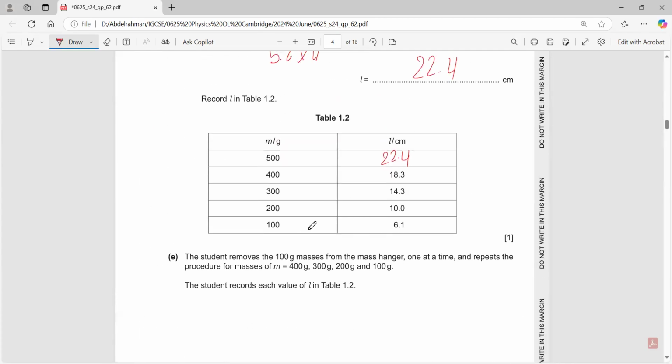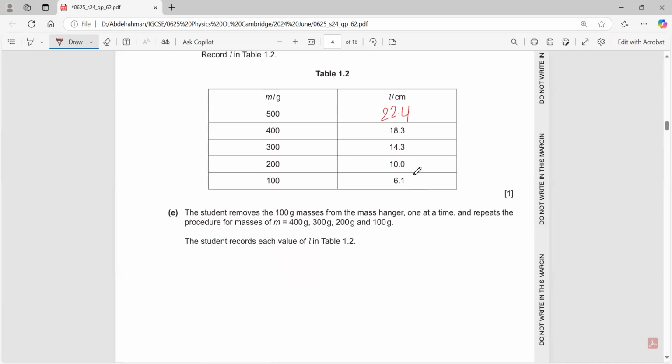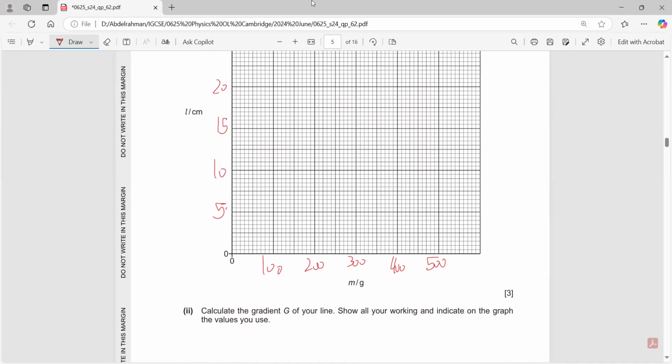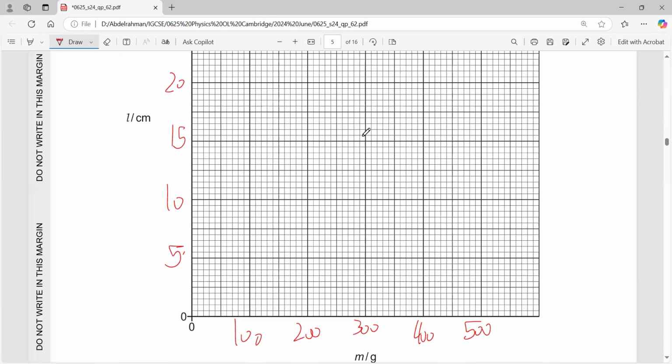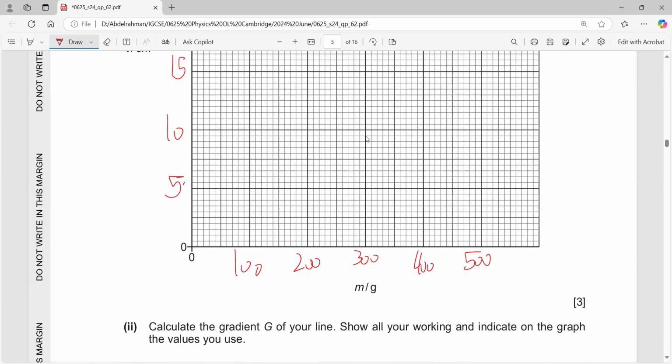At 100, the length was 6.1. Let me zoom in a bit. At 200 it was 10.